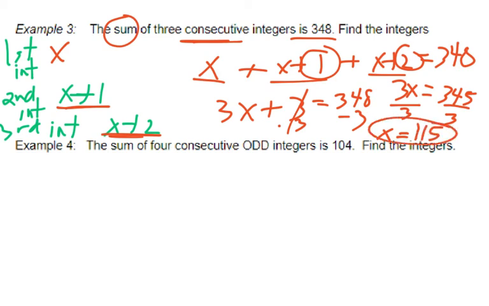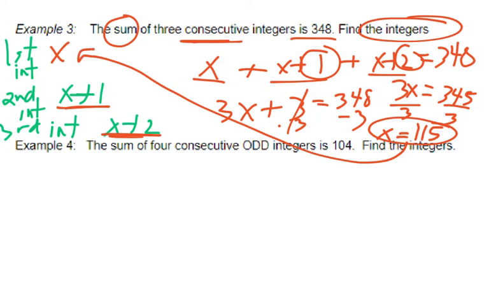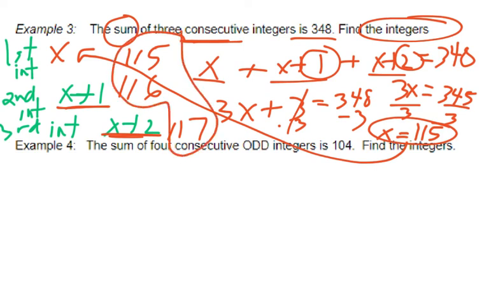Now remember, we're not done. It says find the integers. So think about how you label them. This is why labeling is helpful. So the first one's 115, then the next one's 1 bigger, 116, and the third one would be 117. If you add those 3 integers up, I guarantee you get 348.